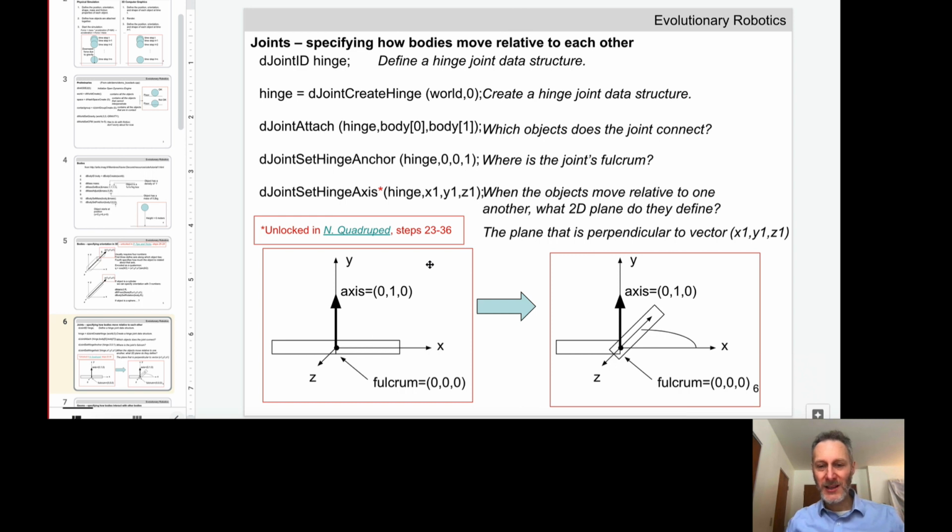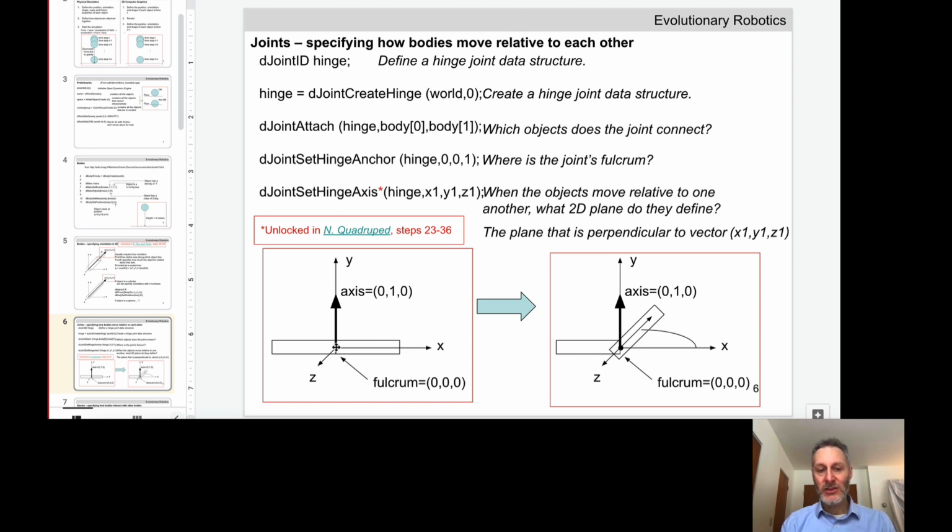Okay, so it's a little difficult to see in my cartoons here because it's difficult to draw in 3D, but bear with me. We've got X on the horizontal axis here, the Z axis pointing into and out of the screen, and the Y axis pointing up and down. We've got two objects, one here and one here. We're connecting these two objects together at 0, 0, 0.